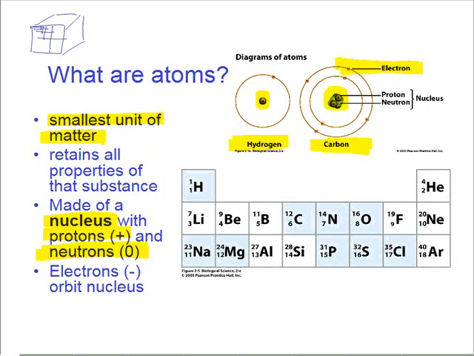And the number of electrons orbiting around the nucleus will be exactly equal to the number of protons or positively charged subatomic particles that are found within the nucleus. So they balance each other out. The number of neutrons can vary because, of course, depending on the element, you have more or less neutrons, but because they have no charge to them, they don't affect the number of protons, they don't affect the number of electrons.